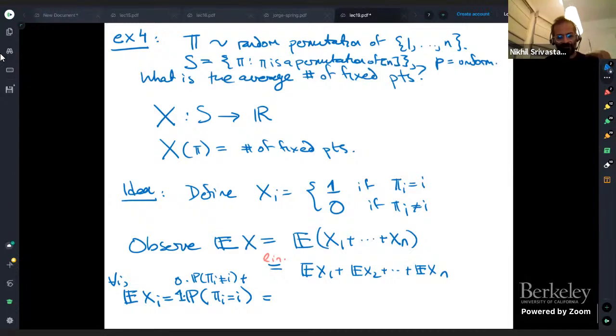The most concrete is to just do counting. You want to count permutations that map i to i. There are n minus 1 factorial of those, and there are n factorial total permutations. So the answer is 1/n. This numerator is permutations that fix i.